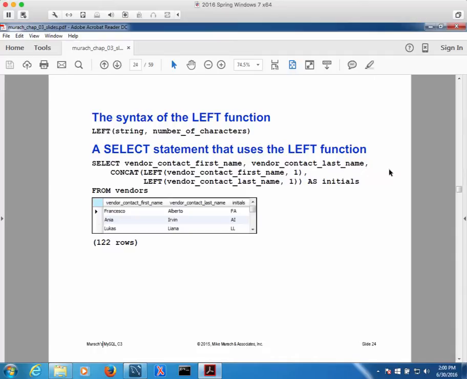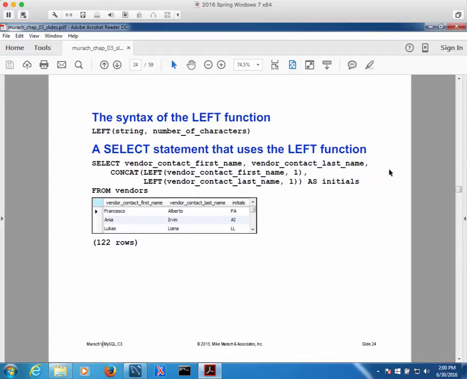Okay, so we have some other functions that allow us to do some of this character string magic that gives us just the output that we want. For instance, there are times when we just want the left portion of a character string. So there's actually a function named left.